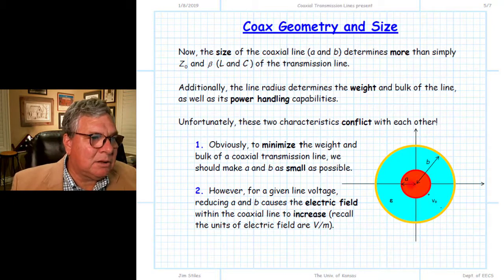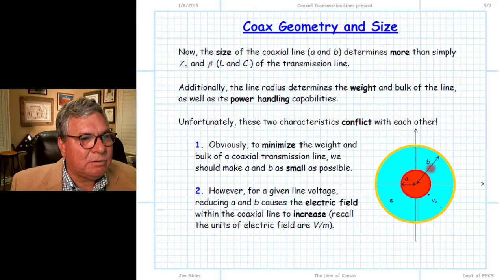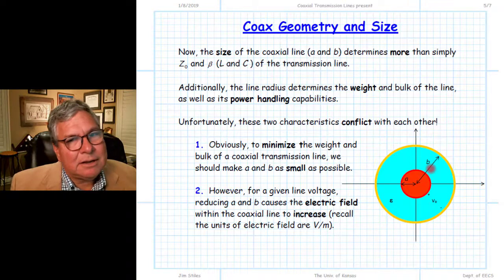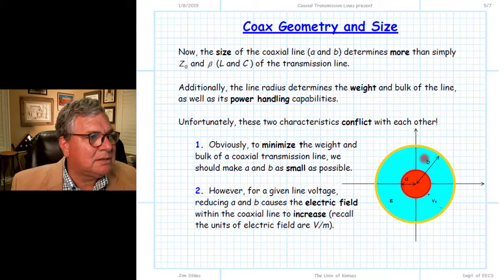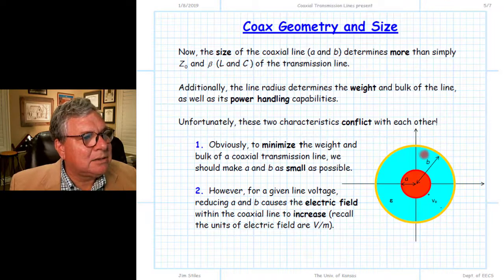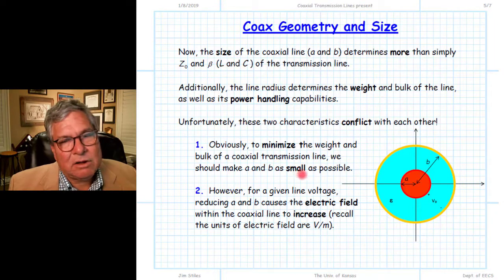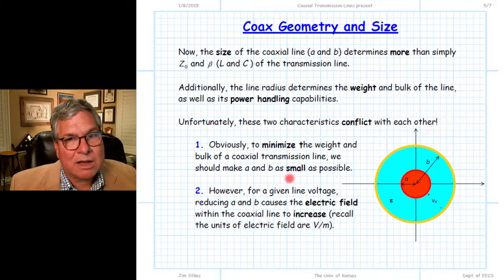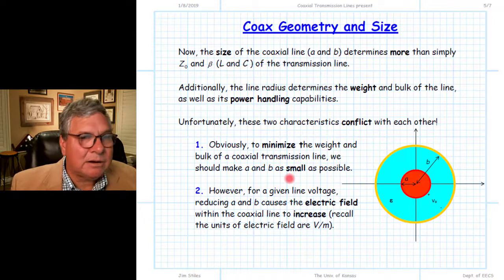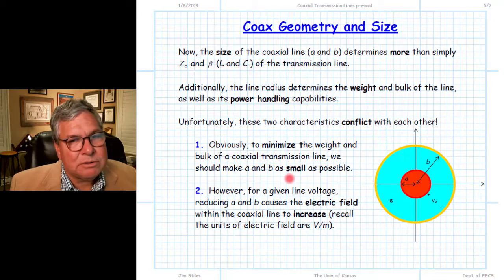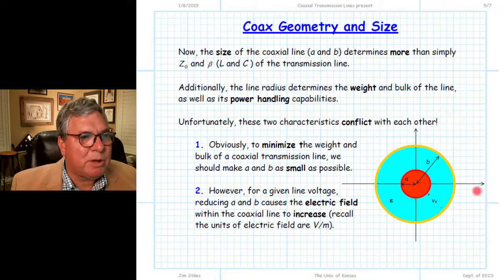Well, of course, the values of the radius, both outer and inner, will affect many things. One is simply the size of that coax, and the bigger the coax, it's going to be heavier, and of course, it's going to be more costly, particularly for the conductors that we use for the inner conductor and the outer conductor. So you might make an argument that we should make this as small as possible.